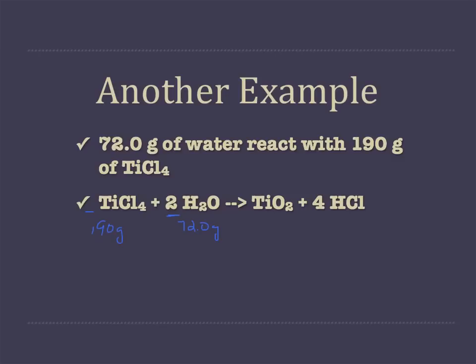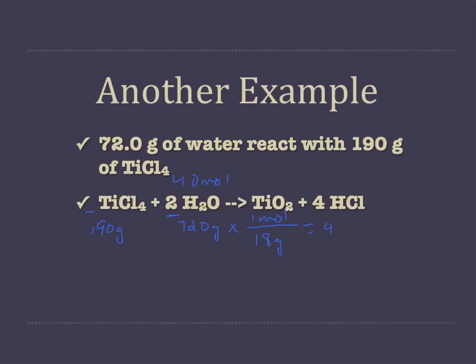Really, those numbers don't tell you a whole lot until you convert all that stuff to moles. So the first thing, let's do the water. If we convert that to moles, 1 mole of water is 18 grams. That would go in 4 times. So we have 4 moles of water.